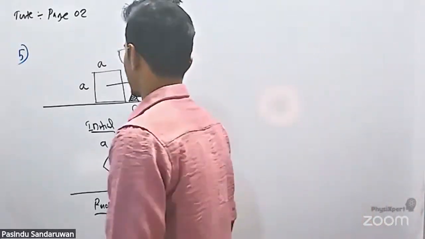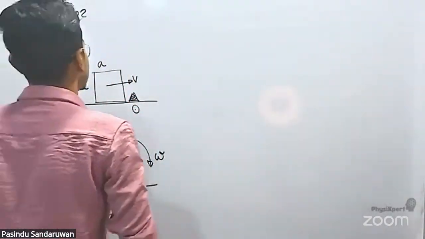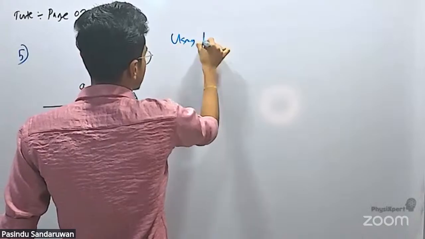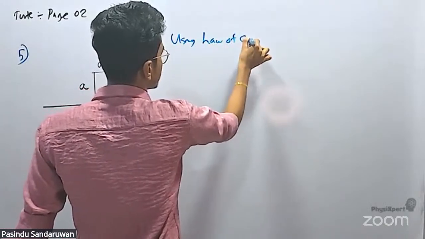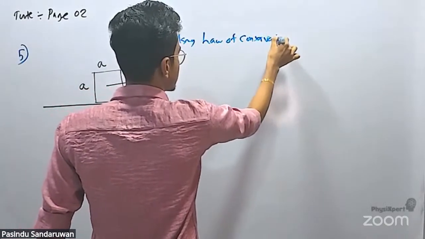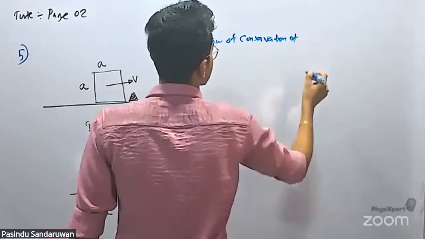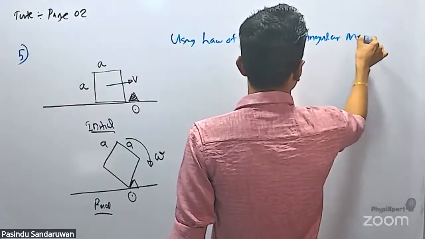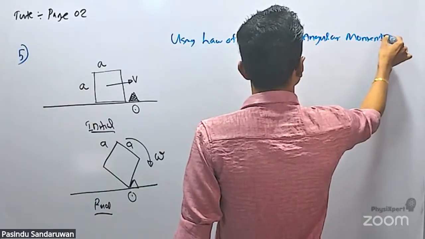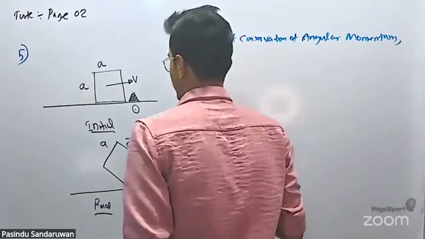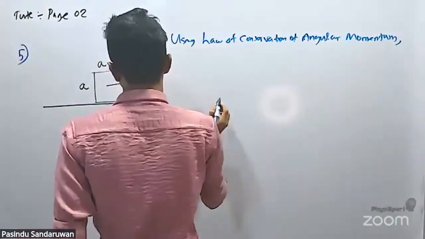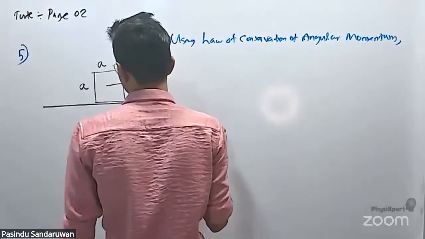See, now same thing, using the law of conservation of angular momentum, right? Total initial angular momentum. There's only one object here.